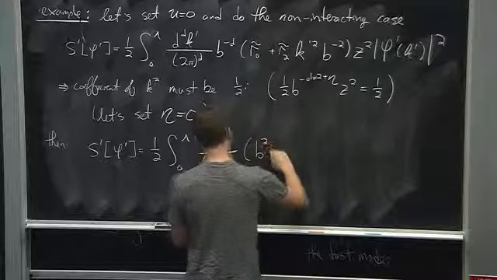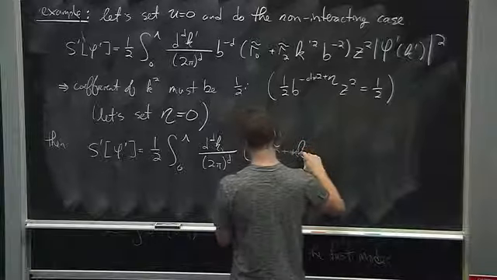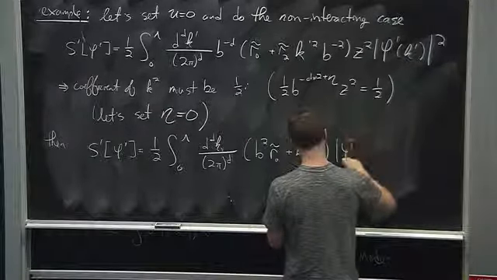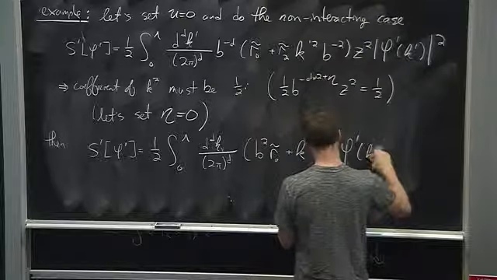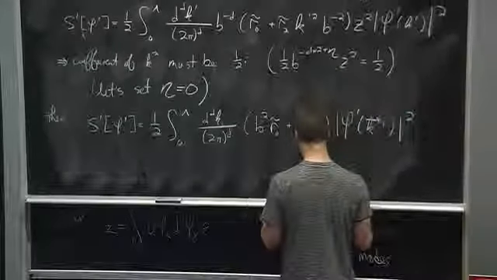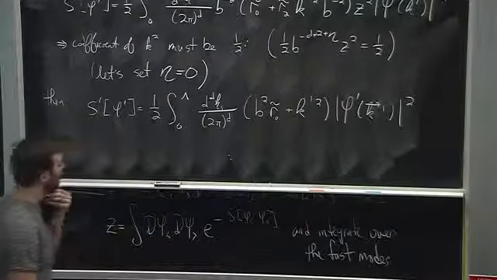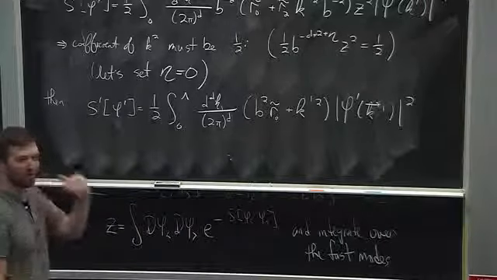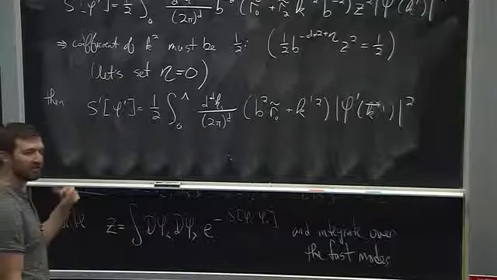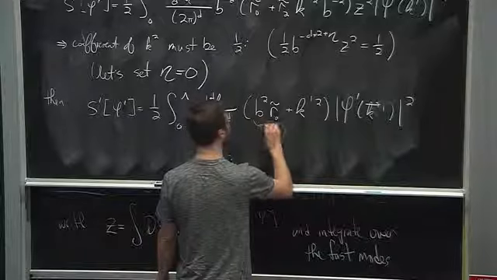I got b squared r naught tilde plus k prime squared phi prime k prime squared. Okay, so if we compare back to our original momentum space action for the Gaussian theory, the only thing that looks different is here.